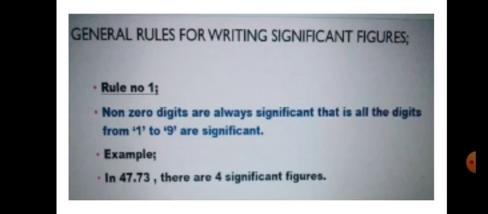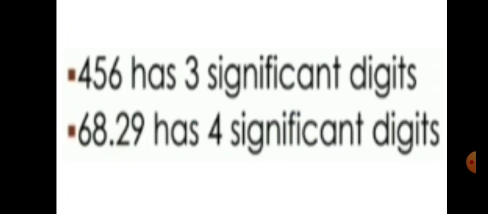For example, if we have a number 47.73, in this value there are 4 significant figures because 4, 7, 3 are all non-zero digits. In these examples, 456, all the digits are non-zero, 4, 5 and 6, so it has 3 significant digits.